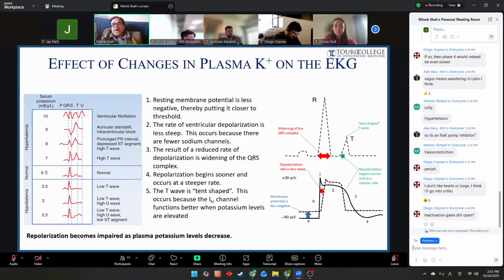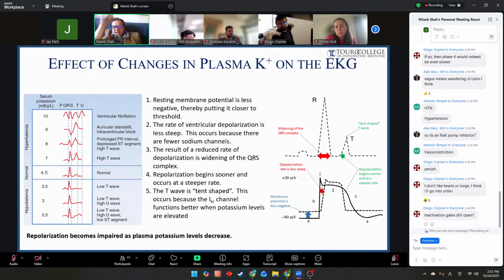Because repolarization is very fast and occurs at a very steep rate, quicker, sooner. That's why the T wave is tall, because it repolarizes very quickly.